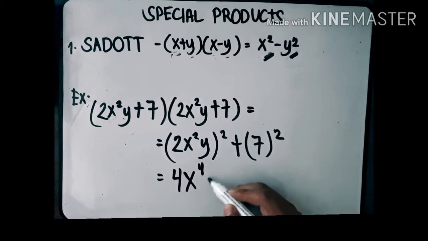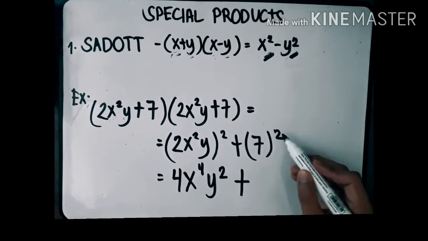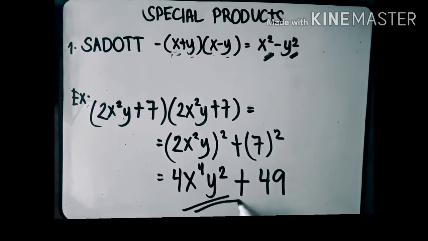And y squared. Plus 7 raised to 2 is 49. So the sum and difference of two terms for 2x squared y plus 7 multiplied by 2x squared y plus 7 is 4x raised to 4 y squared plus 49. Okay?